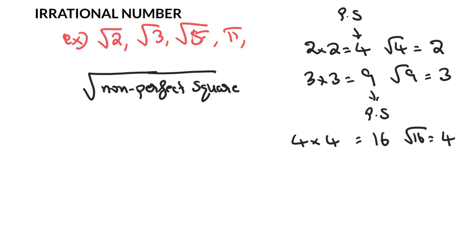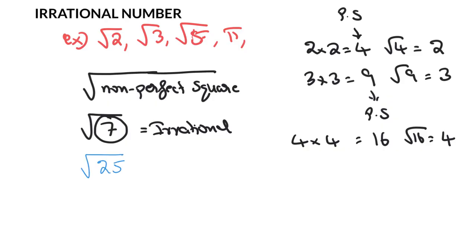So an irrational number is the square root of a non-perfect square. For example, square root 7. Is 7 a perfect square? No. So therefore, square root 7 is an irrational number. You get the idea now? Okay, think about it and answer. Square root 25. Is it rational or irrational? Is 25 a perfect square?